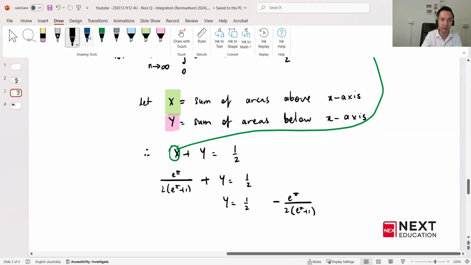I can multiply this top by e pi plus 1 and e pi plus 1. Let's see if I can simplify that. So that's now all over 2 e pi plus 1. Expand it, and e pi, that's just 1. Is that it? That's nice.